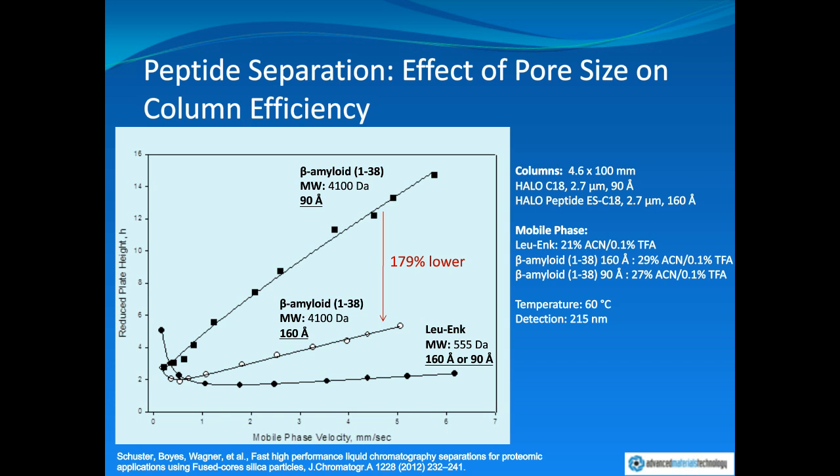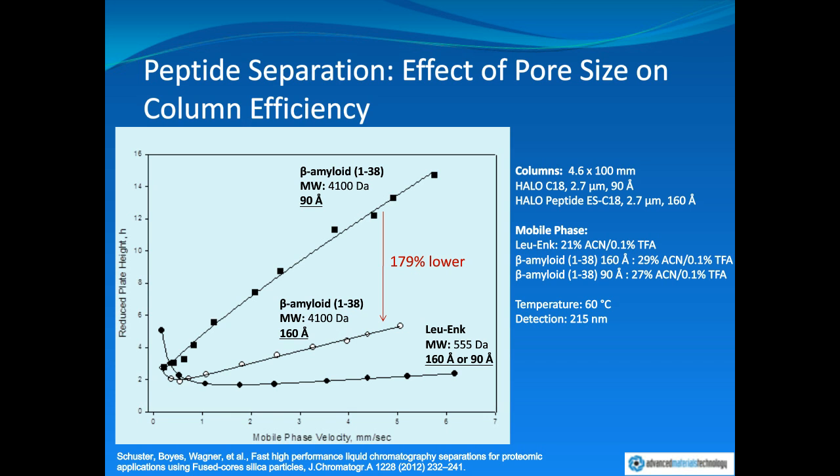We can see even at 4,000 molecular weight, which is the approximate molecular weight for the beta amyloid 1 to 38 peptide, a 90 angstrom pore size material performs comparatively poorly compared to a 160 angstrom pore size material.